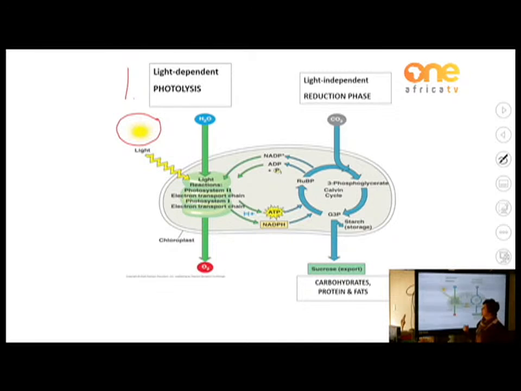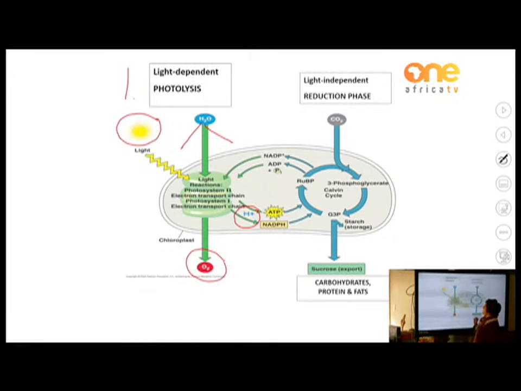And in today's investigation, we are going to see, is it really the case? We call it photolysis because this light will split the water molecules into the hydrogens and the oxygens.